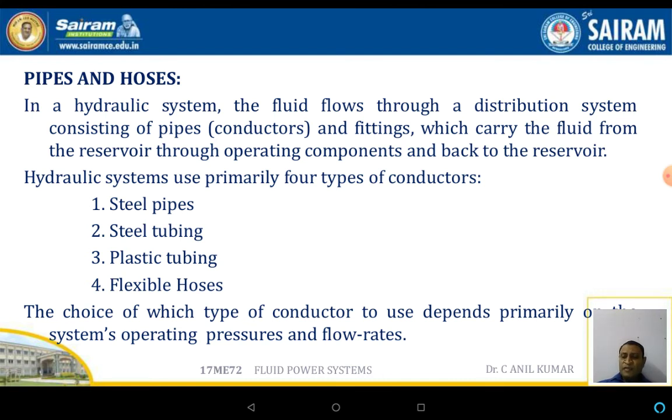Depending upon the type of application, whether used at high or low operating pressures, these flexible hoses are made of rubber, or rubber and nylon, and even wire mesh is used. The choice of conductor depends primarily on the operating pressure and also the flow rate.